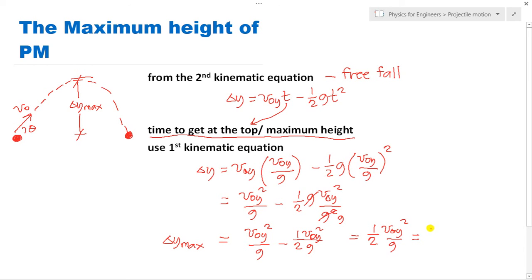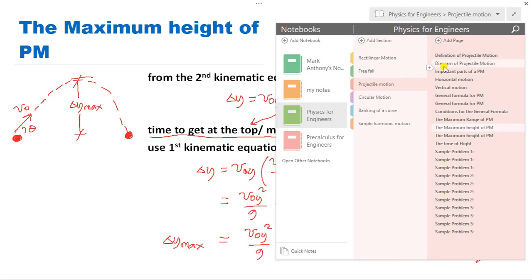So therefore, this is Vo squared sine squared theta, kasi distribute na natin yung exponent na square dito, all over 2g. So therefore, ito lang pala yung formula natin for the maximum height. So take note with this one, class. We can use this in our problem. So for the maximum height, tapos na tayo dito.